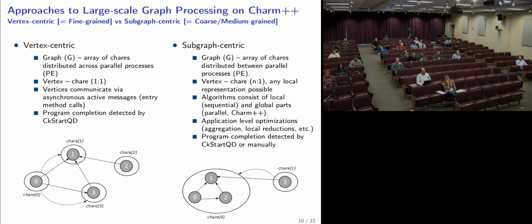It is important to say that the first one, the vertex-centric approach, causes extremely fine-grained parallelism, and as we know, that's challenging for the runtime system, and work is going on to improve it for such cases.